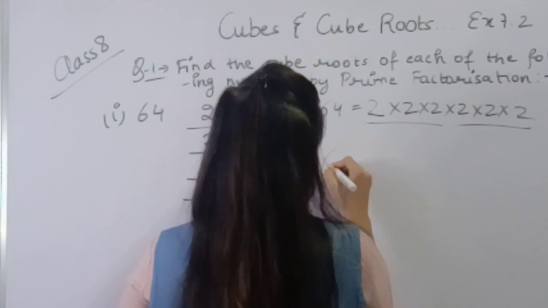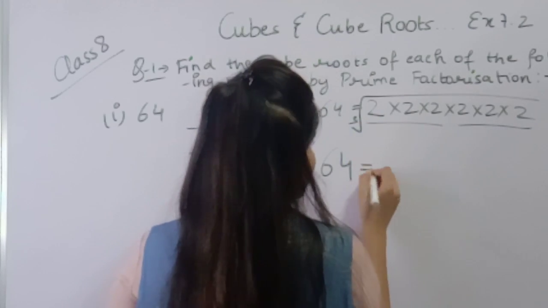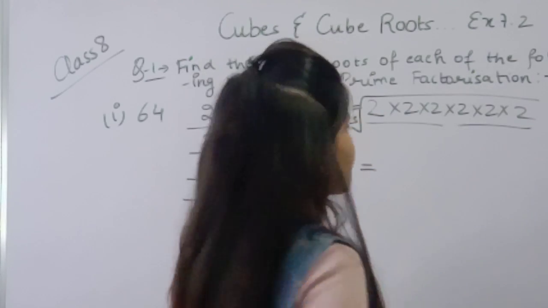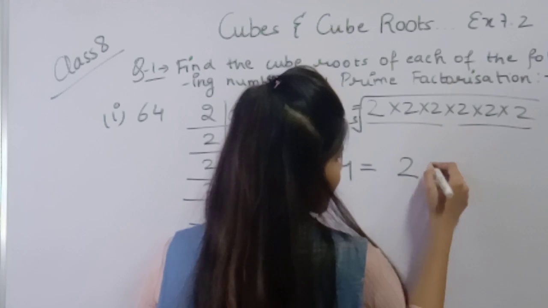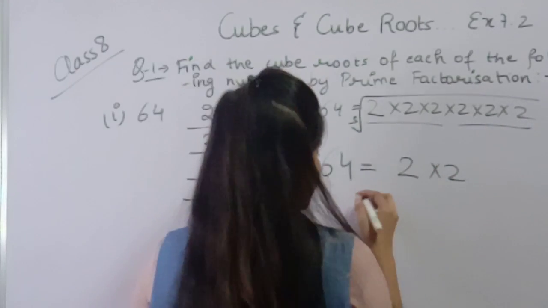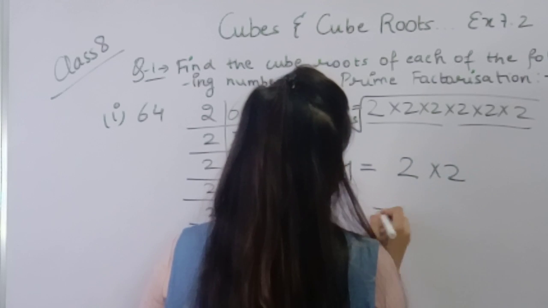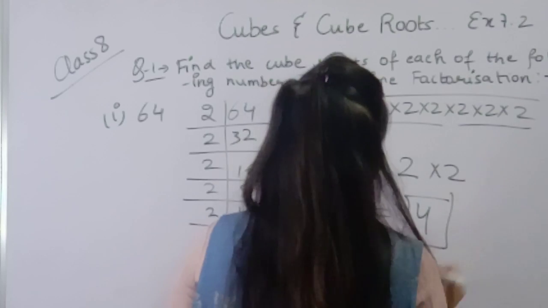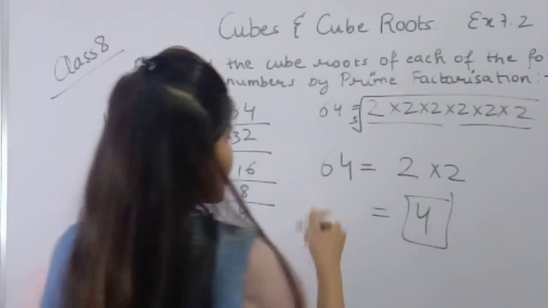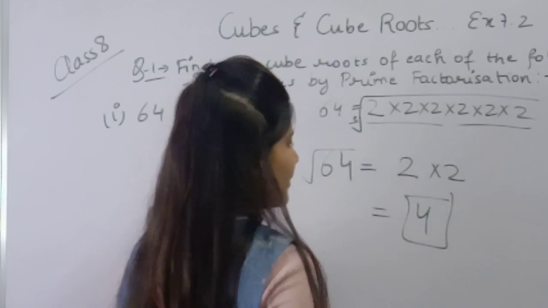Now we have to write one number from each group. So one 2 from this group and one 2 from this group. It means that the cube root of 64 is 4.